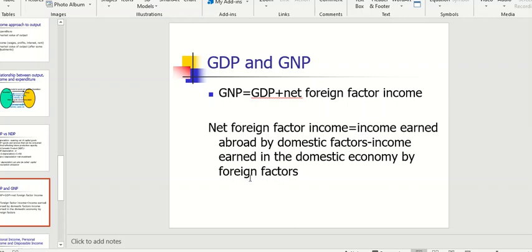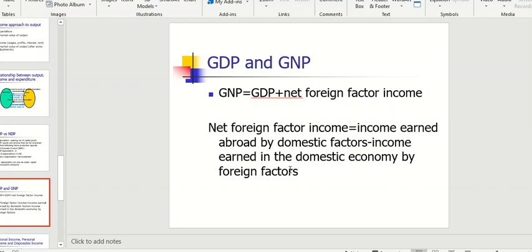So if this is a positive number, what does that mean? If we have a positive number for net foreign factor income, what that means is the income earned by Americans who work abroad is greater than the income earned by foreigners in the United States. There is a net inflow of income into the United States.